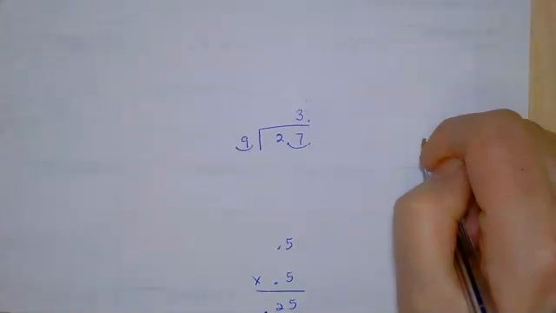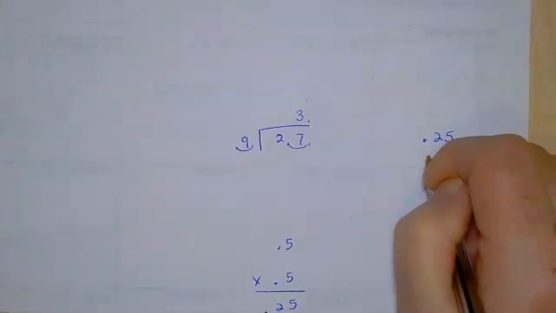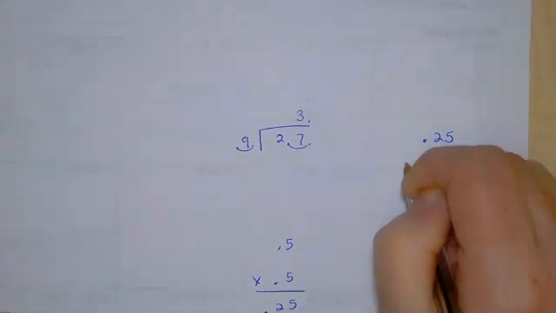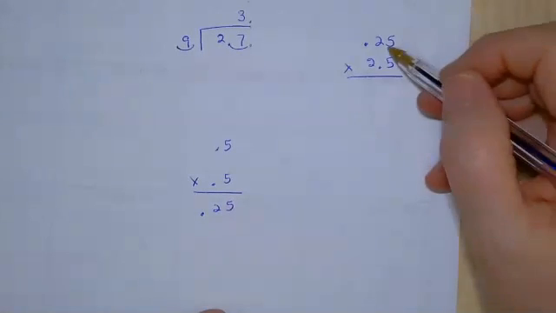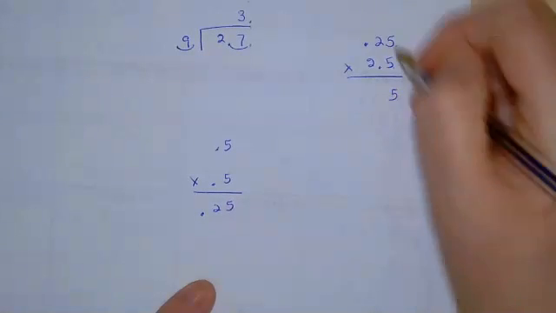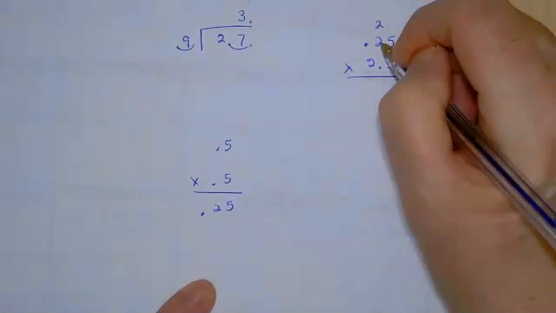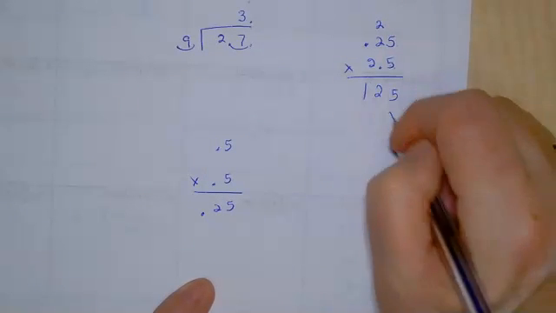Okay, so I'm going to go back here. 0.25 times 2.5. Now we're just going to multiply like we normally would any other multiplication problem. 5 times 5. 10 plus 2 more.